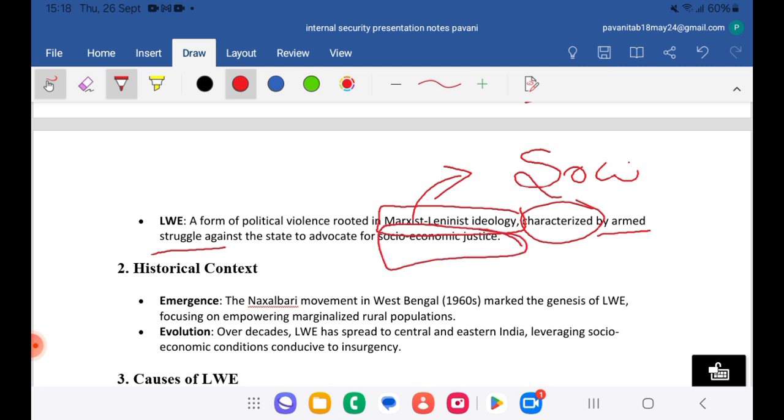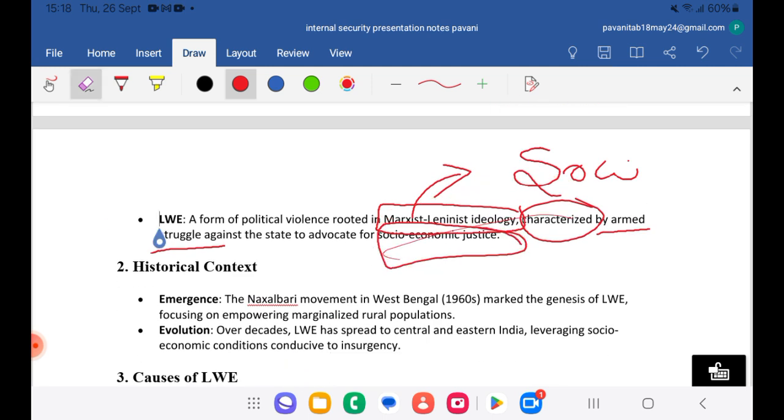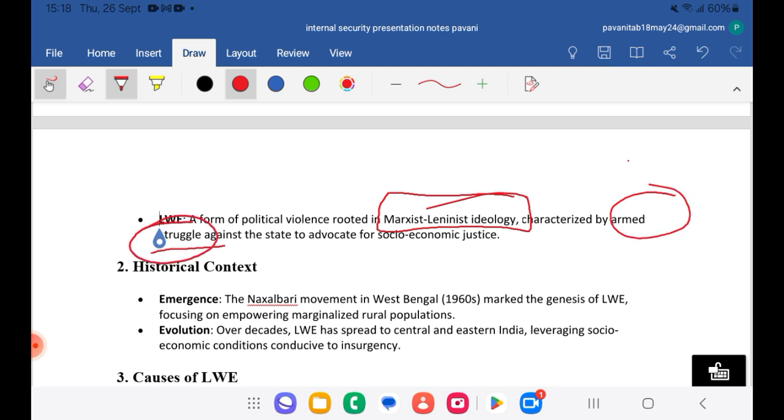So the key terms go like this. What are the key terms? Marxist and Leninist ideology based armed struggle. Against state. For socio-economic justice. So these are the keywords.